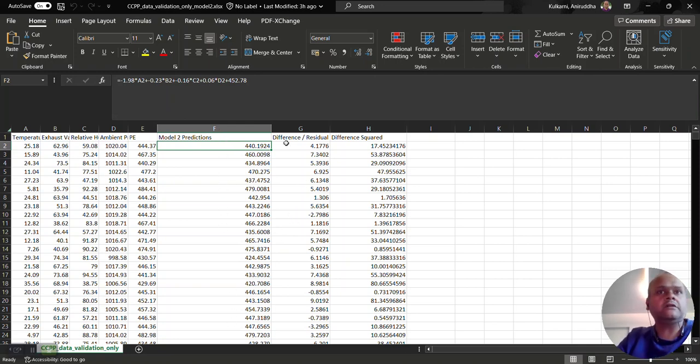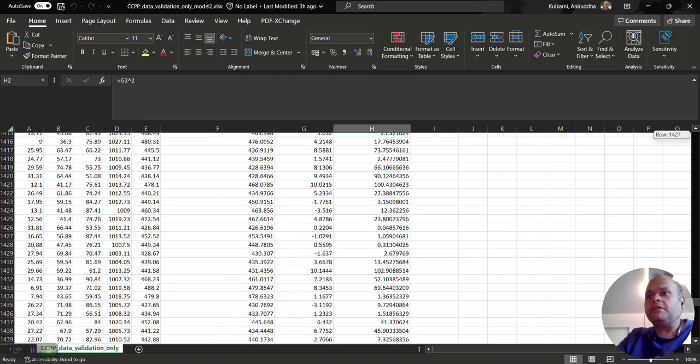Similar exercise, I obtain the difference between actual and predicted values here. So that's just a subtraction between column E and F. I get the square of the residual or the difference, which is just the G column values powered to 2.